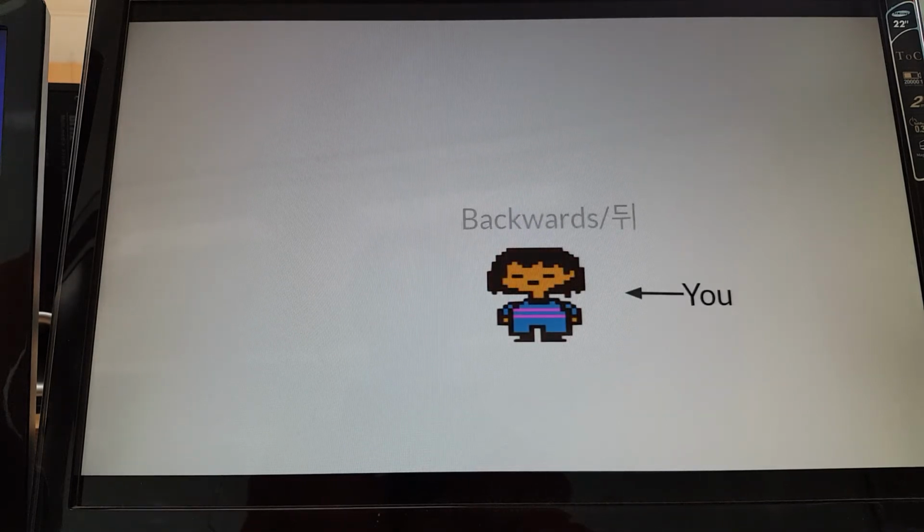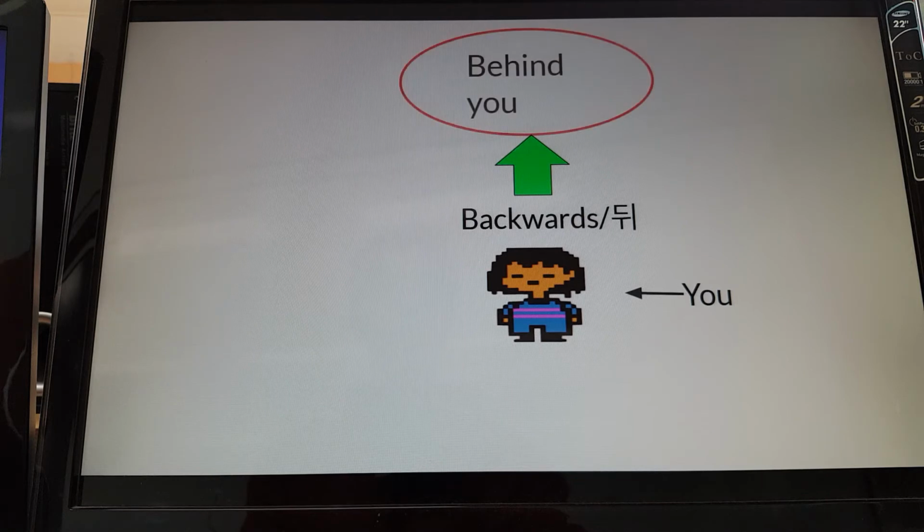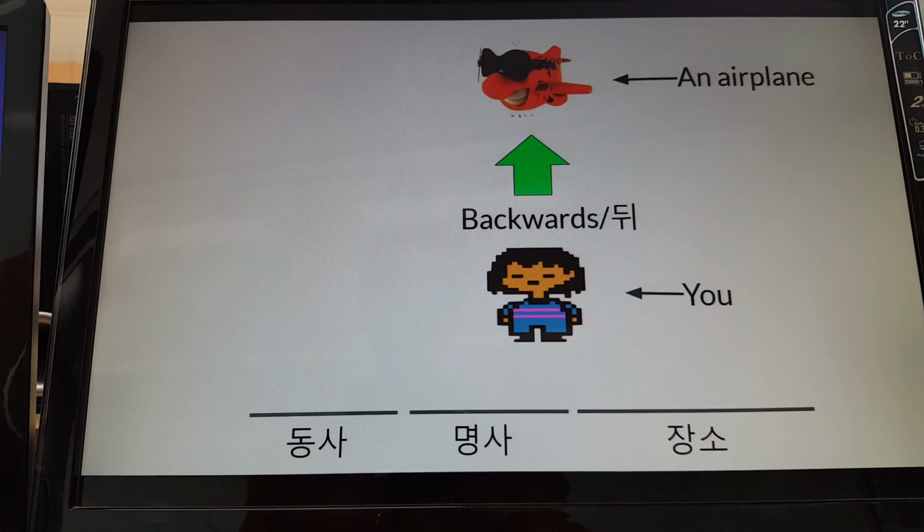Okay, and last one. So here, the location, the place is behind you. So what would we say here? Good, that is correct.